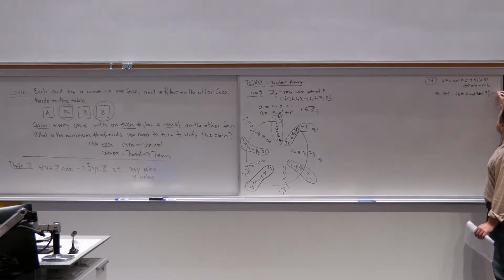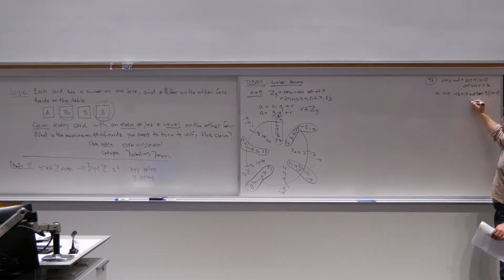Their difference is minus 13 minus 14. Is that true? 9 divides that difference? Yes, because the difference, minus 13 minus 14, is the same as 9 times what? Negative 3. So this difference is a multiple of 9.